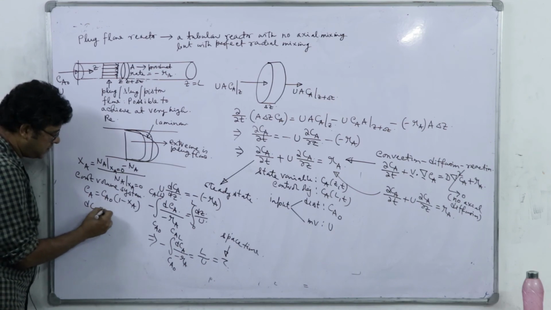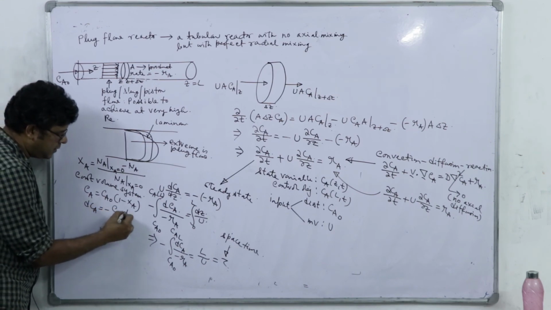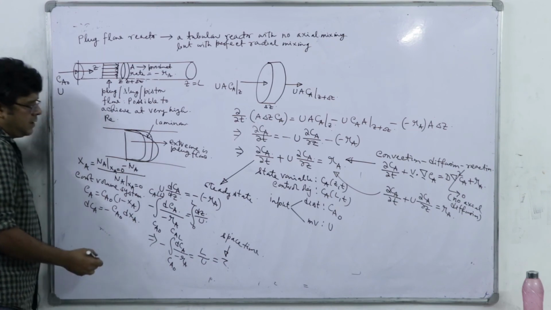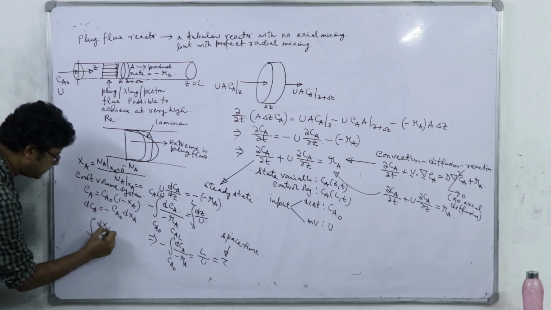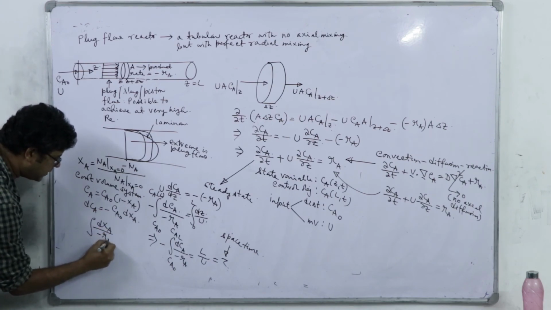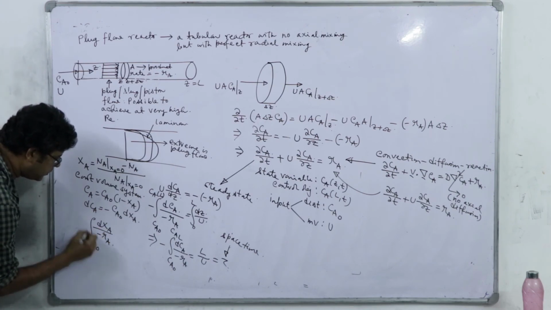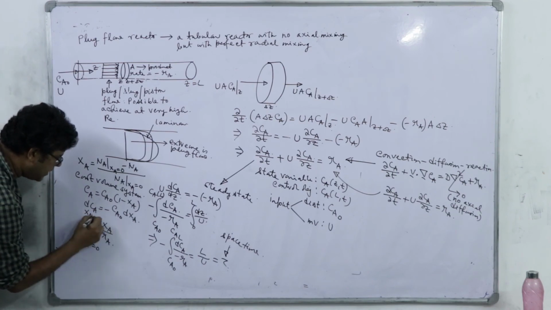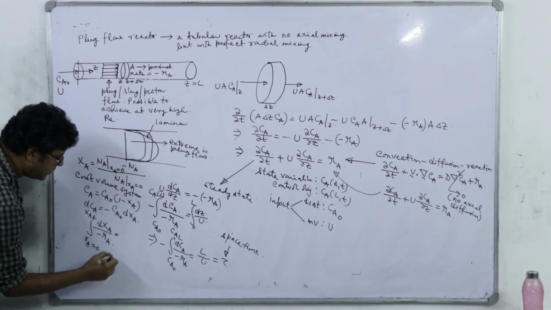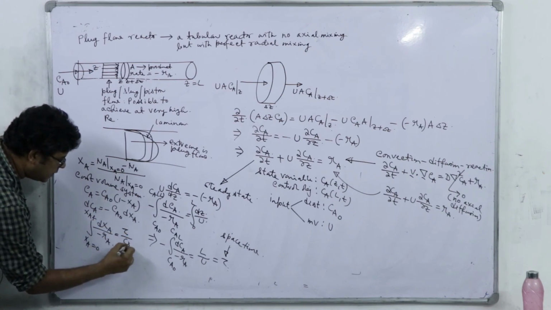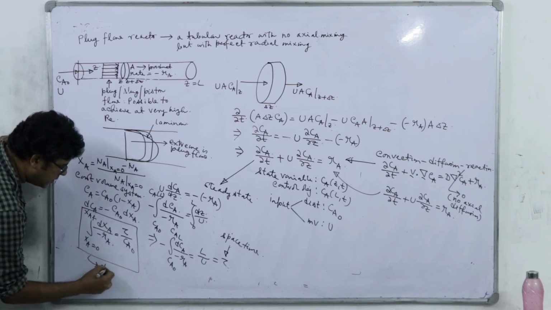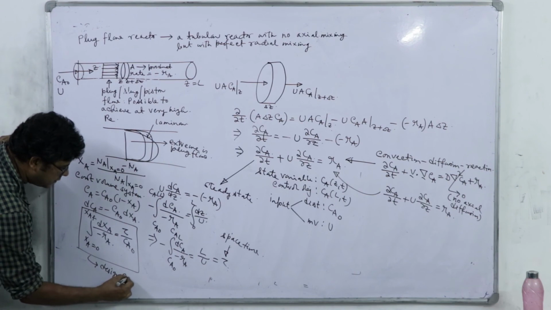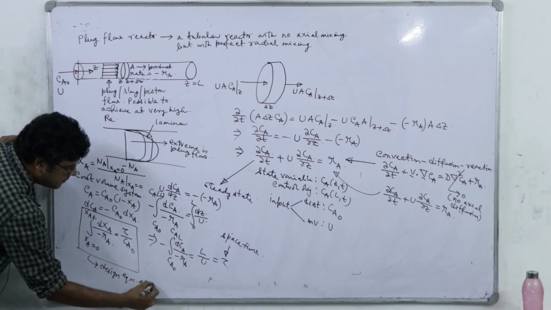So dCA is equal to minus CA0 dXA, and if I substitute, then the integral of dXA by minus RA from XA equal to 0 to XAL is equal to tau by CA0. So that is typically the design equation. We will cover it again, the design equation of the PFR.